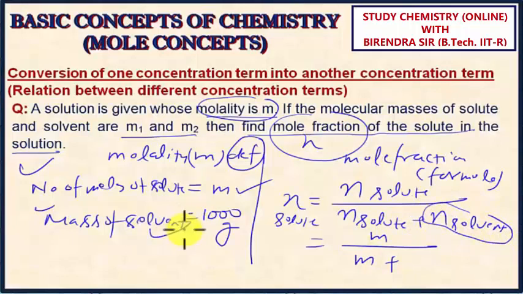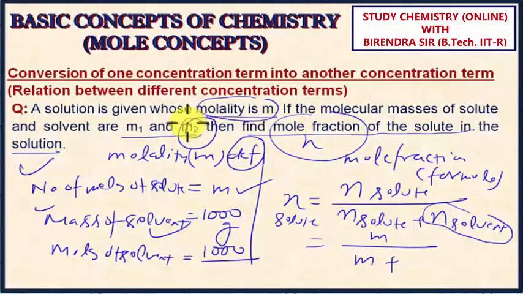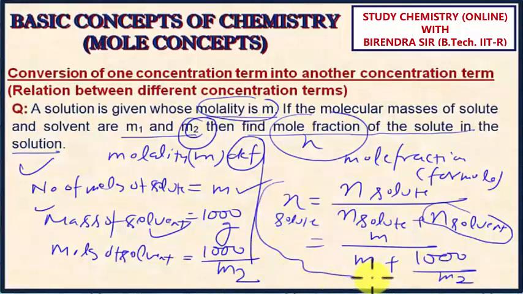Since the mass of solvent is given, how will you find moles of solvent? Moles of solvent will be mass of solvent upon molar mass of solvent, that is M2 here. So I will write 1000 upon M2. So this is the relation between mole fraction and molality of the solution.